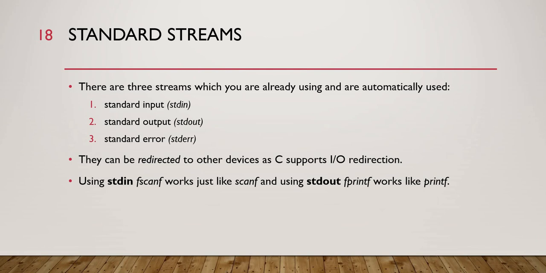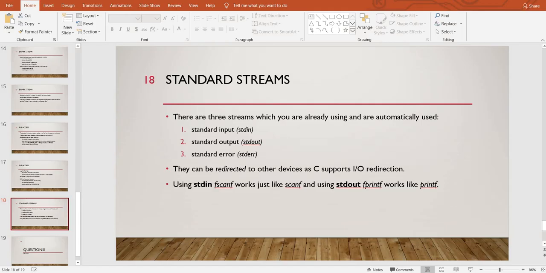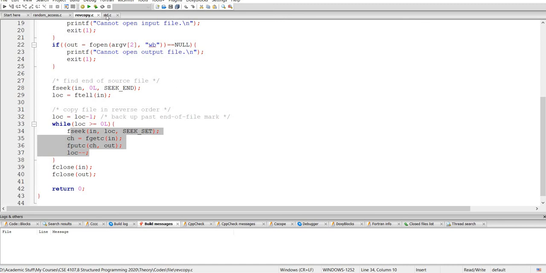For this to happen, your PC has to support the redirection facility, that means the redirection of input and output. Using stdin and stdout, fscanf works just like normal scanf, and fprintf works just like normal printf.